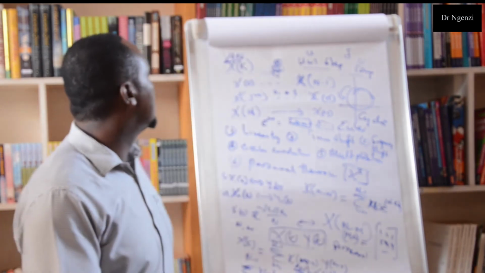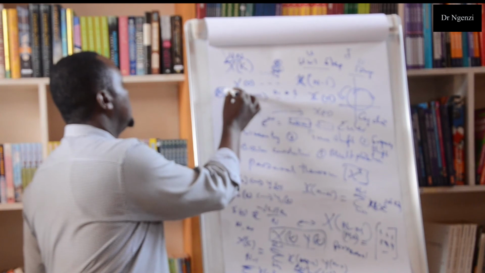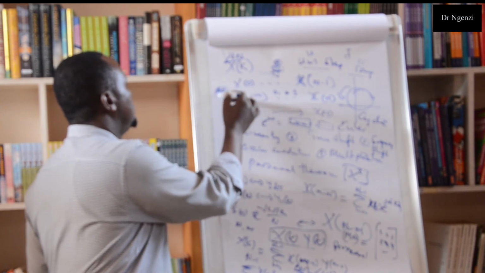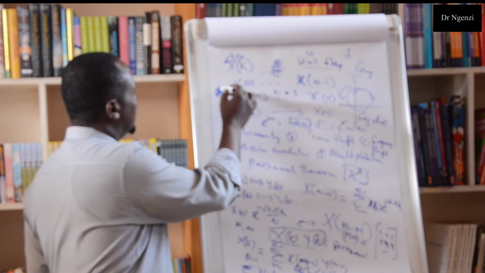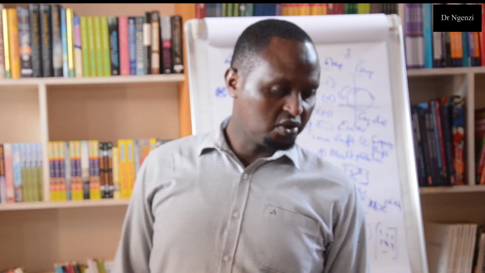Remember, the normal notation for circular convolution is like applying a multiplication or a star sign, but it is not a multiplication.